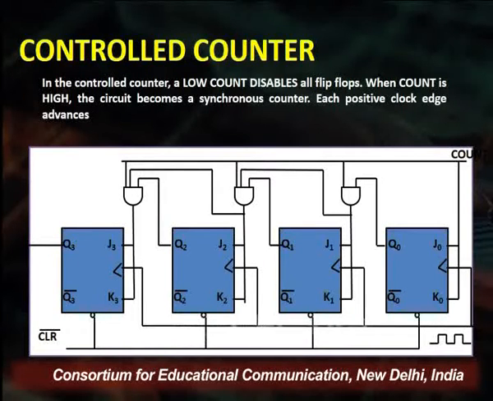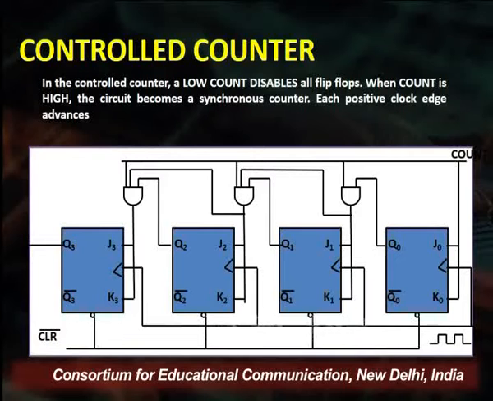So looking at the LSB flip-flop, which is the rightmost on your screen, we initially give a high clock. We have J0, K0 equal to 1. Then as we had cleared the flip-flops, the outputs, that is, if I go from MSB towards LSB, Q3, Q2, Q1, Q0 had the values 0, 0, 0, 0.